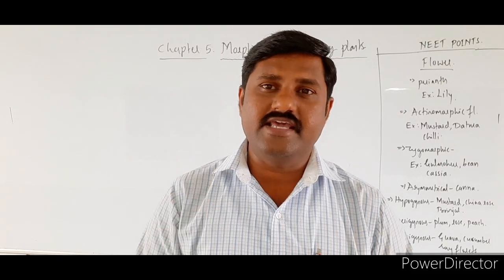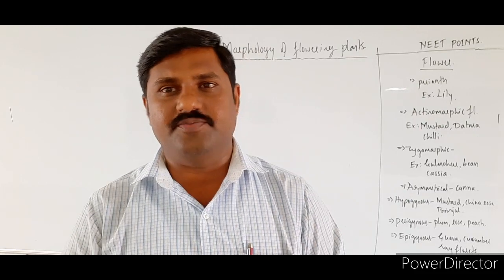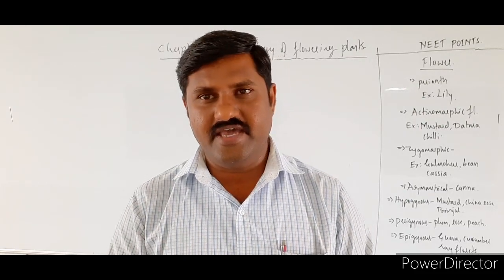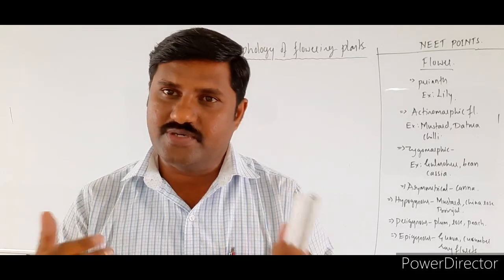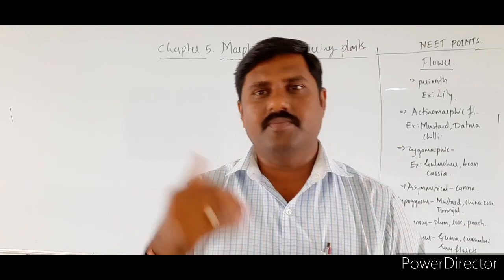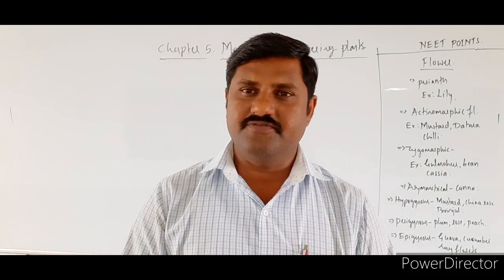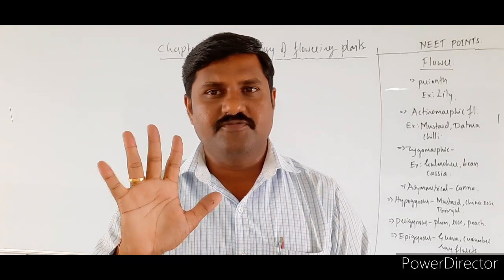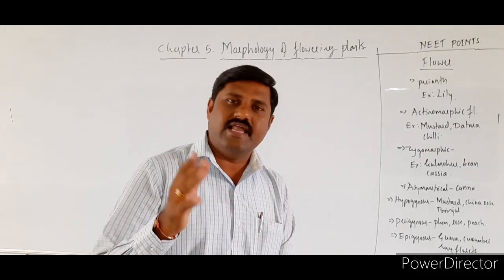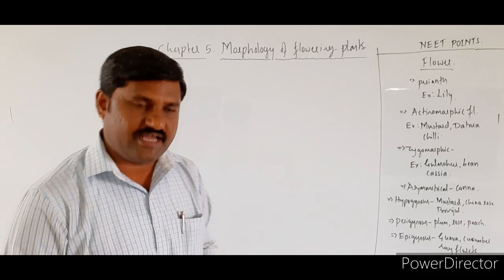If the petals are three or a multiple of three, such flowers are said to be trimerous flowers. In the same way, tetramerous: tetra means four, so four petals or a multiple of four petals may be present in the flower. In the same way pentamerous: five petals or a multiple of five petals. So different terms are used to describe the flower.